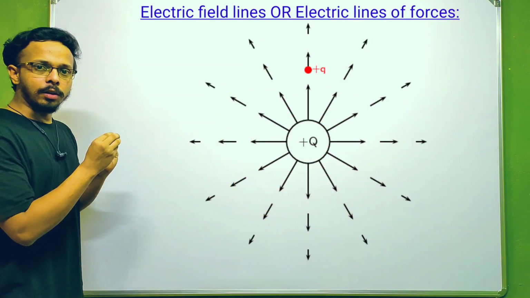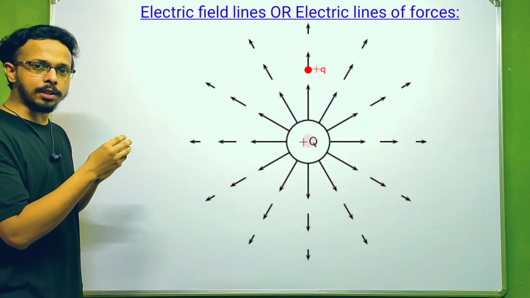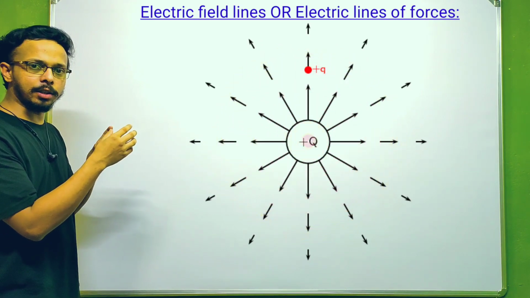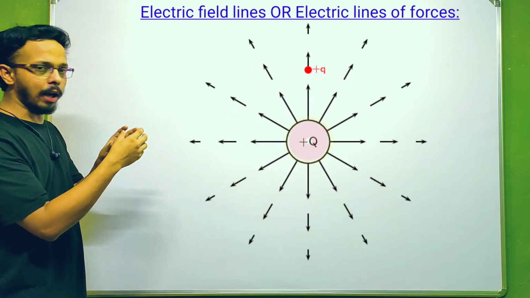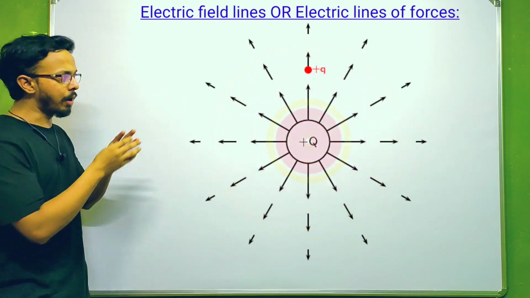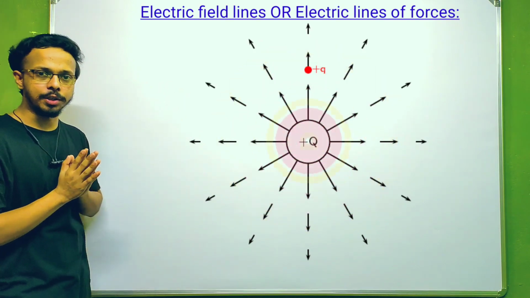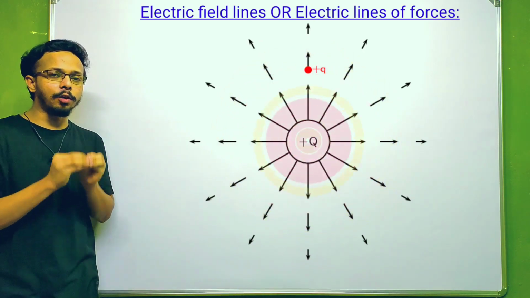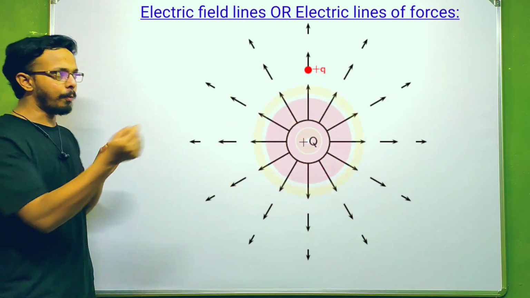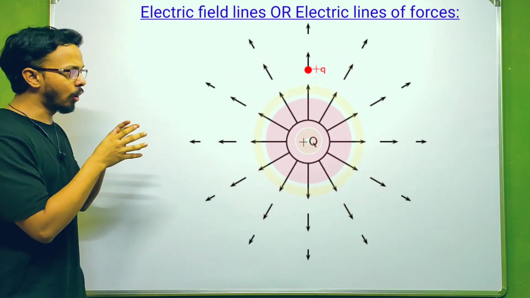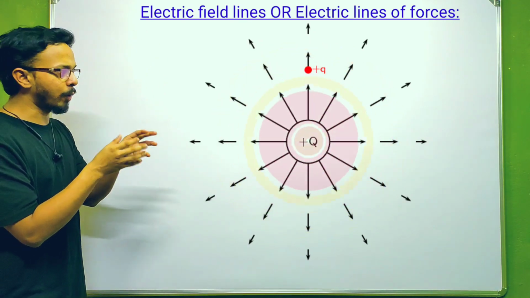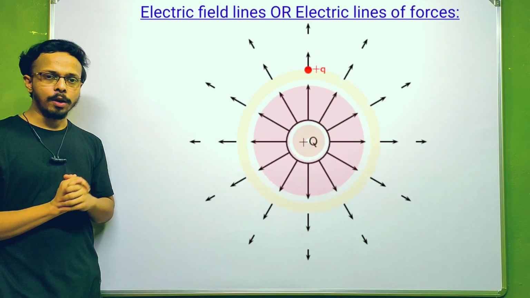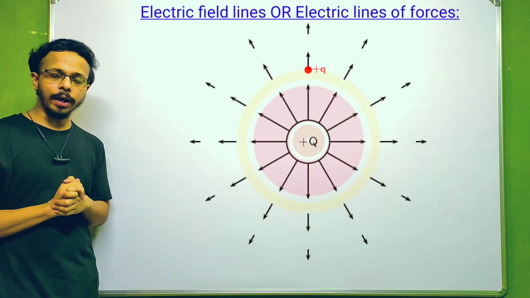These arrows are radially outwards. We are drawing so many arrows surrounding this charge. And what do these arrows indicate? The path followed by the unit positive charge. If you bring a charge, it moves away. So the electric field lines due to a positive charge are radially outwards. So we can draw like this.